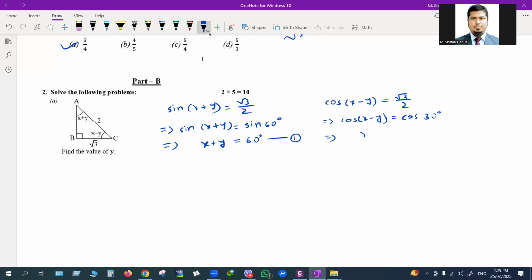That is, x minus y is equal to 30 degree. Okay. So from these two equations, we need to find out the value of y.